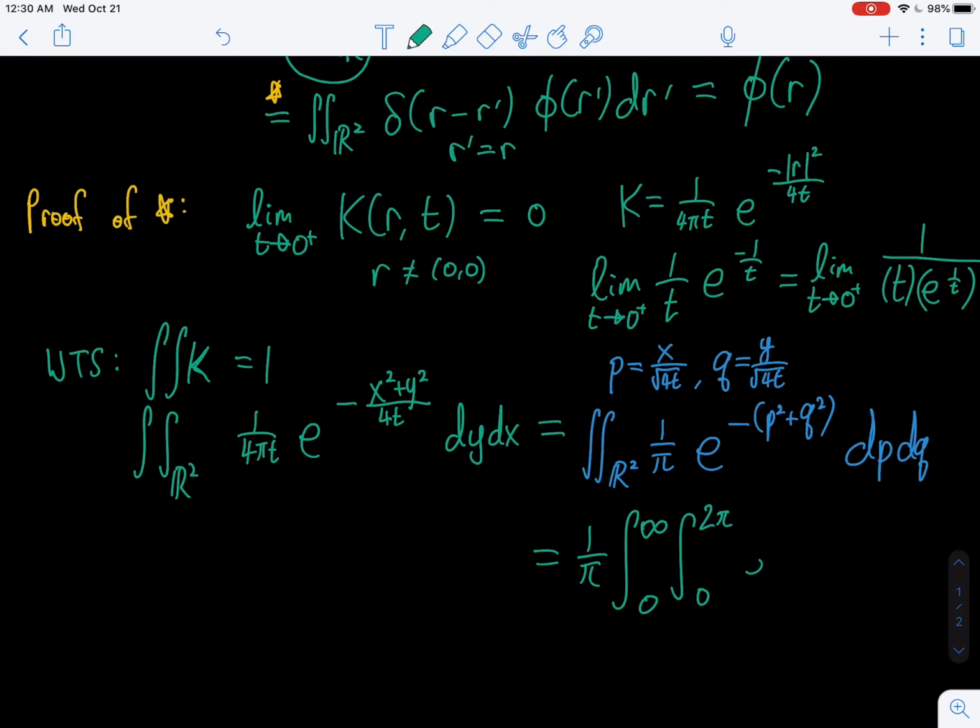Okay, and we'll have e to the negative r squared, and our determinant of change of coordinates will be r. Hopefully you remember this from calculus class. And we have dr d theta. And if we calculate this out, this part is actually just going to be pi.